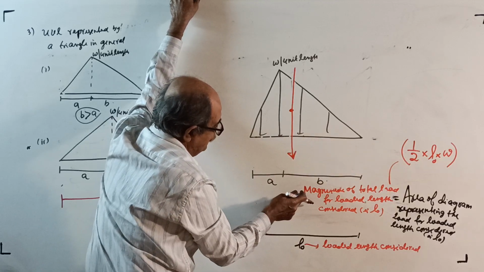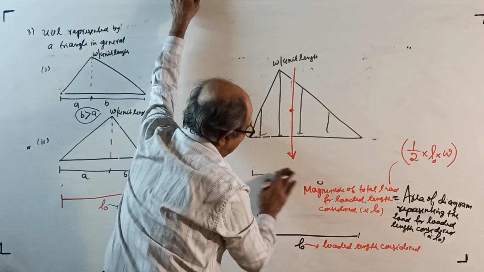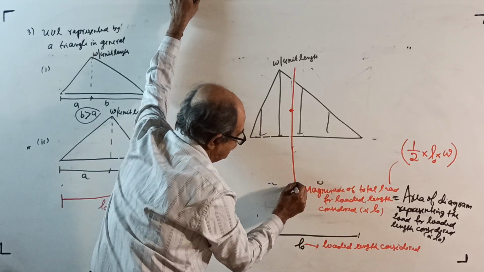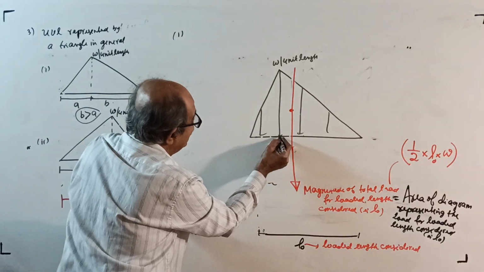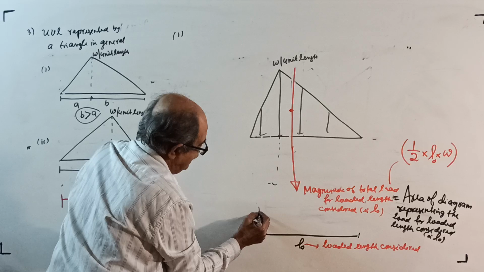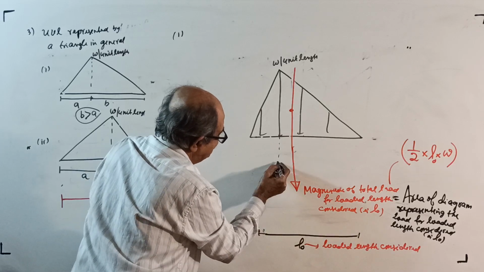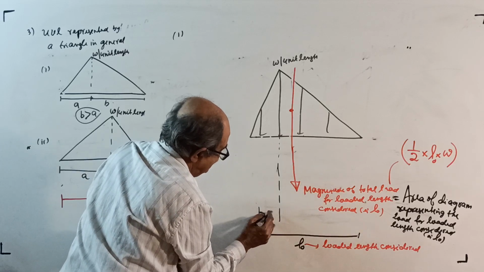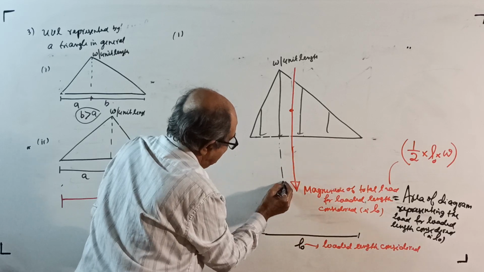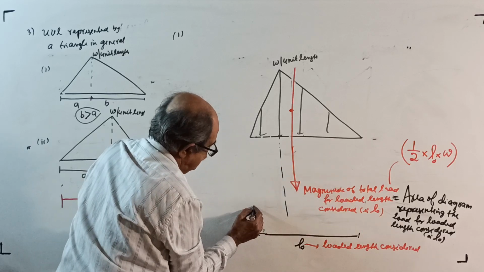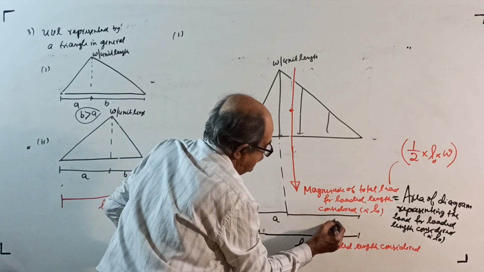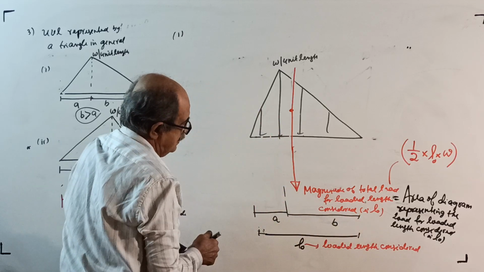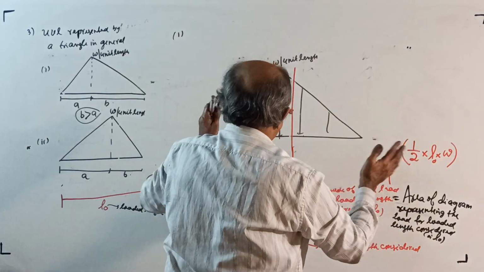This is your magnitude. I'll do one thing to save the time. Here I will write A, B, C. I will write A and B here. This is to save the time. This is your A, this is your B. Now, a little tilted, adjust it.